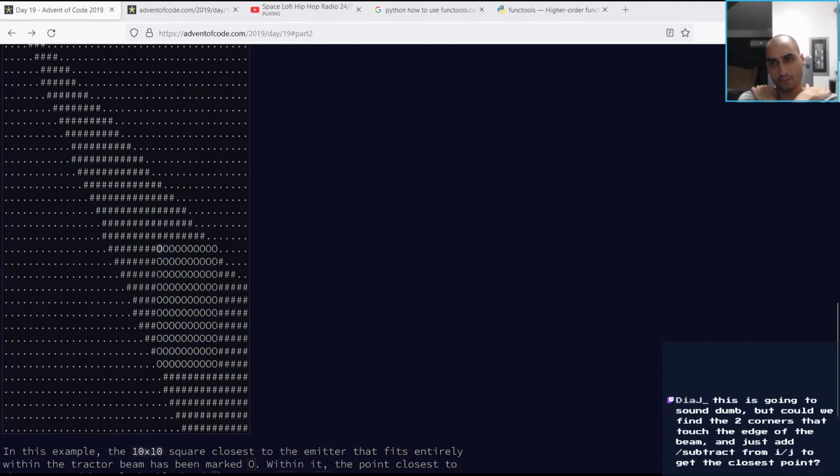So, could we find the two corners that touch the edge of the beam and just add, subtract from ij to get the closest point? Well, we won't necessarily have two corners that are touching the edge of the beam simultaneously.